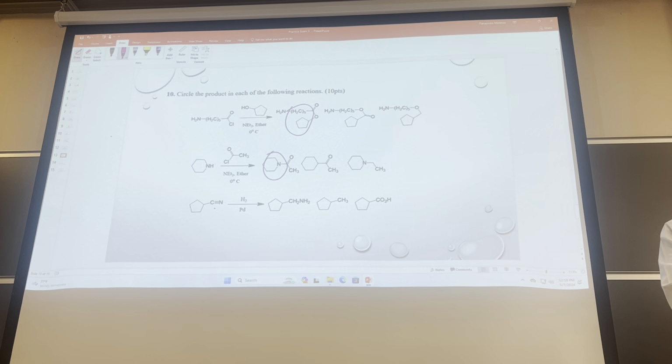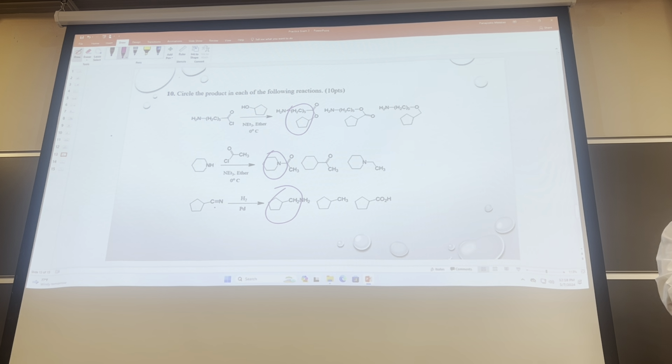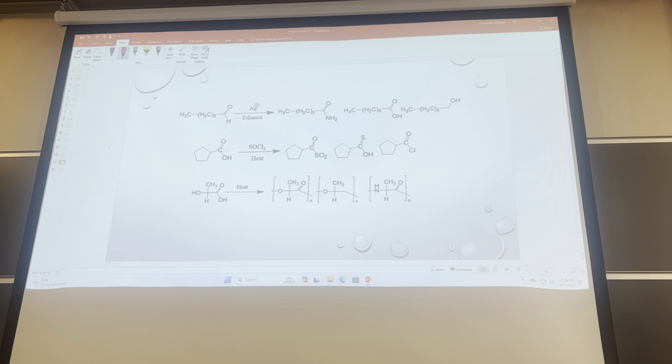Third reaction, hydrogenation of the cyanide, making the amine. Mild oxidation of an aldehyde. We are getting the acid, right? Thionyl chloride reaction with the acid is the replacement of the hydroxyl group. Whenever you see it, you replace the hydroxyl group with chloride. And the last one is a polymerization reaction basically. The first one.